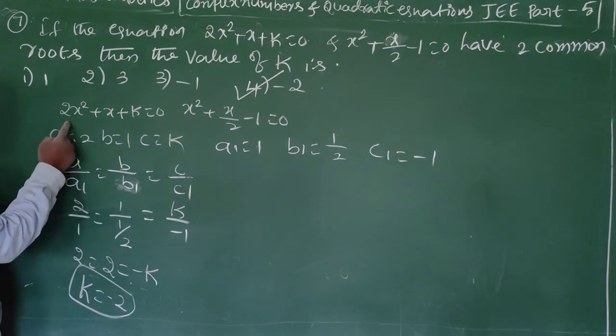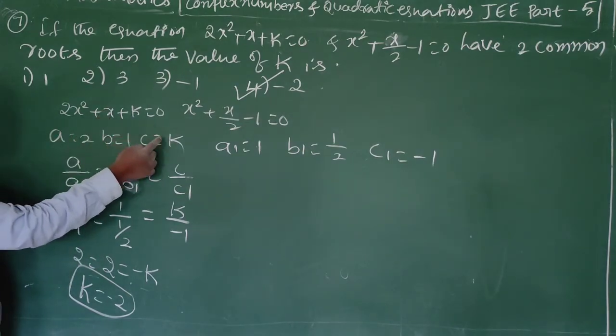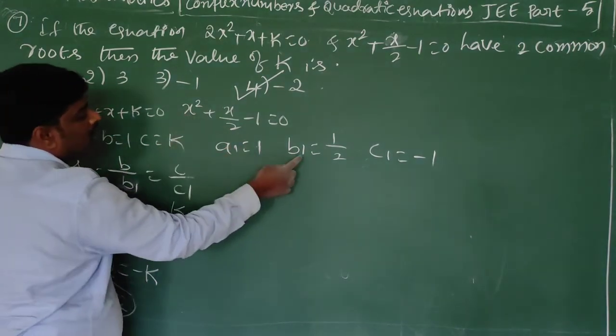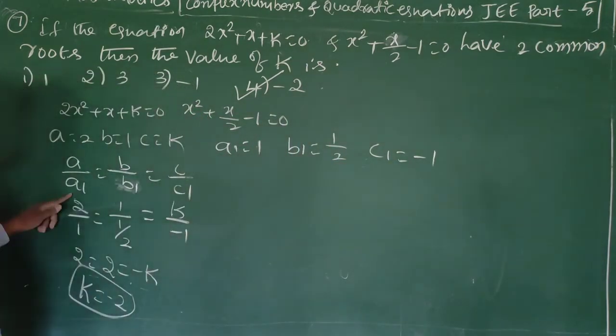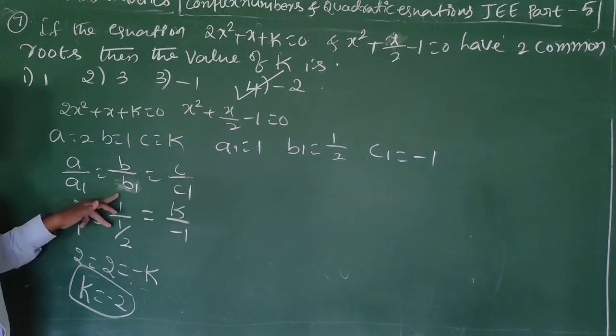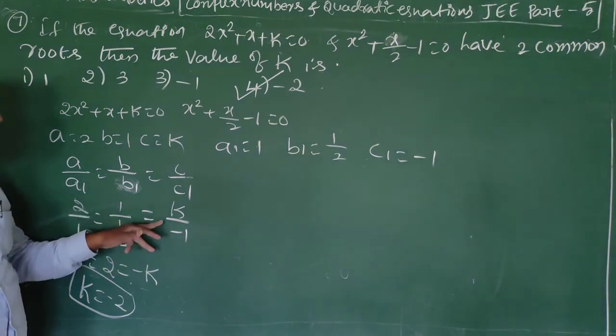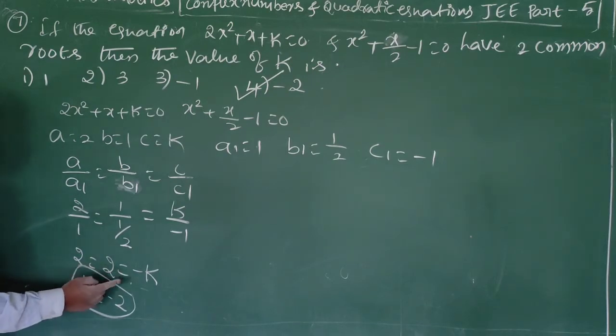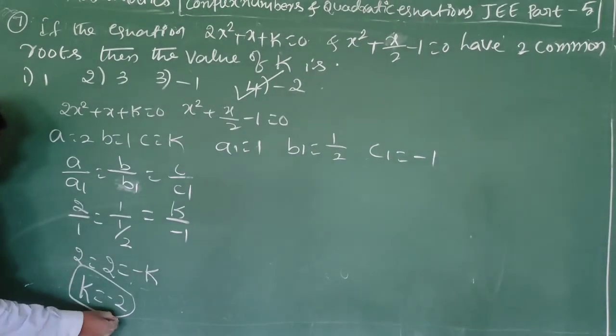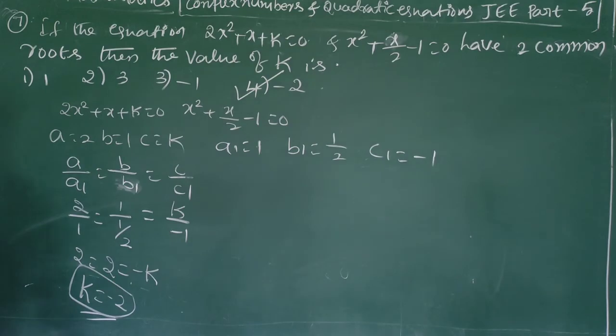So a value is 2, b value is 1, c value is k. a1 is 1, b1 is 1 by 2, c1 is minus 1. So 2 by 1 is equal to 1 divided by 1 by 2 is equal to k divided by minus 1. Therefore, 2 is equal to minus k, k is equal to minus 2.